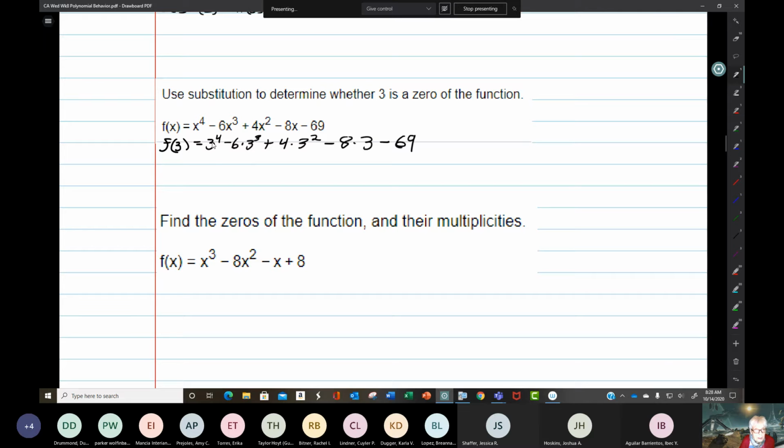Okay, so yeah, 3 to the 4th minus 6 times 3 to the 3rd plus 4 times 3 squared minus 8 times 3 minus 69.